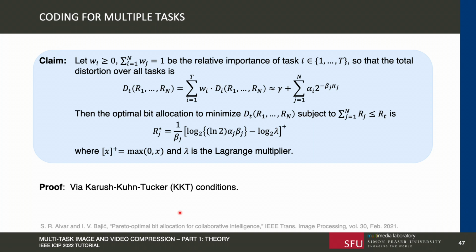So that's nice. In this case, when relative task importances are given and the total distortion is that weighted combination of task distortions, we can have an explicit equation for the rates allocated to these different coding units.